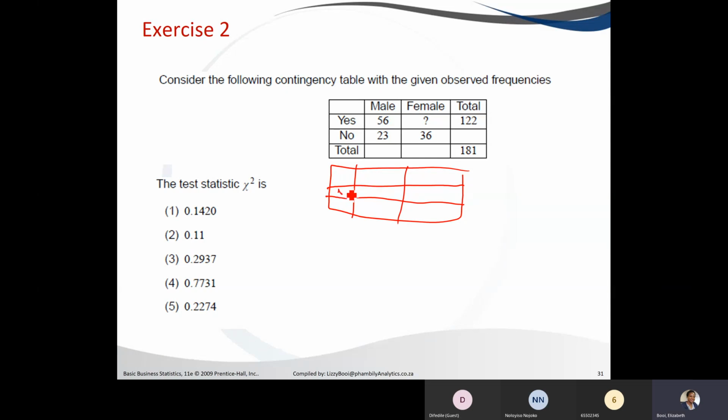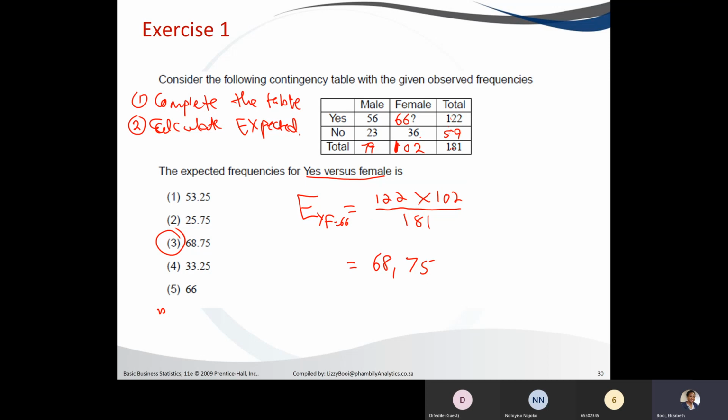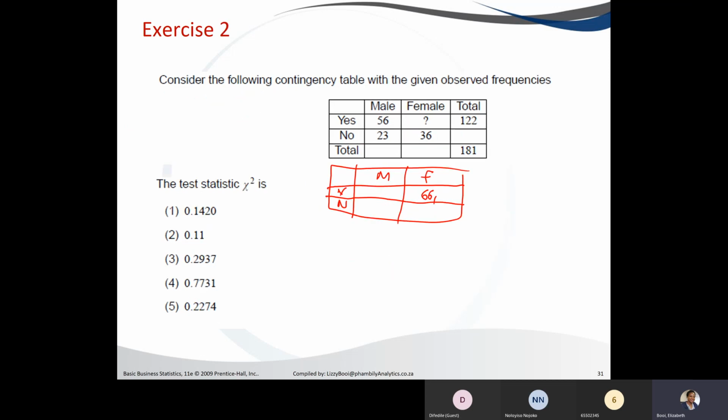For yes and for no, you would have calculated male and female, and you say 66 point, what did we say? 68.75. You need to complete this whole table.